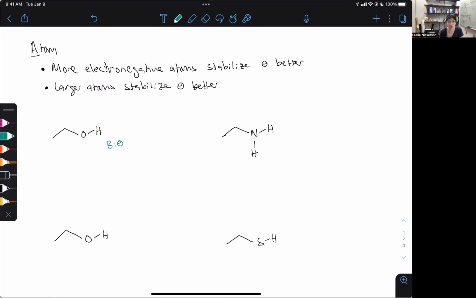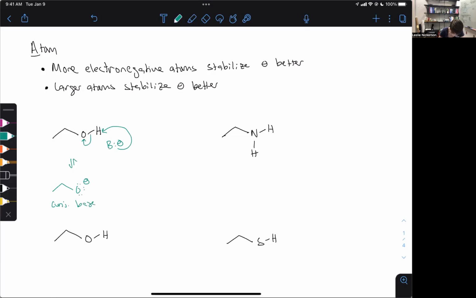You'll often see me use just some generic base. We're going to take that proton, break that OH bond, and give a lone pair to the oxygen. So what I've done here is I have drawn a conjugate base. So this is my conjugate base.